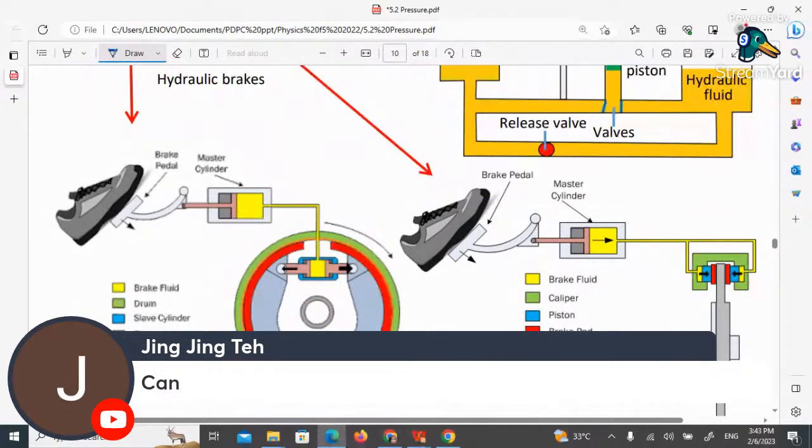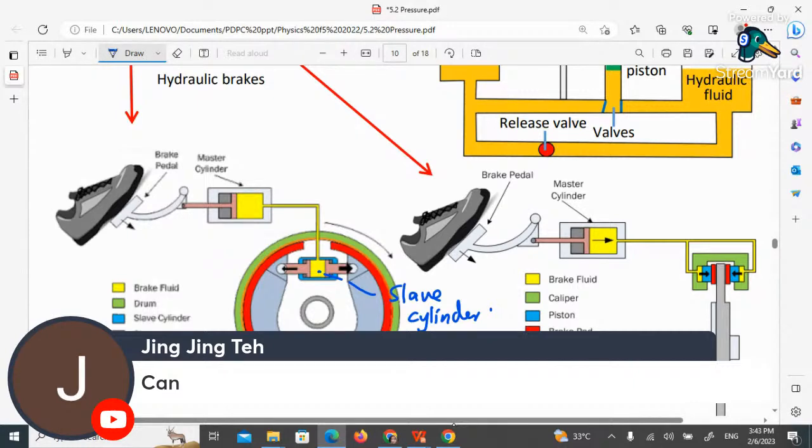For the hydraulic brake, step on the brake pedal. The liquid will be transmitted to the pipe. We have master cylinder and slave cylinder, ataupun slave piston. So the liquid will cause the brake drum to be pushed, or the red color brake shoes.